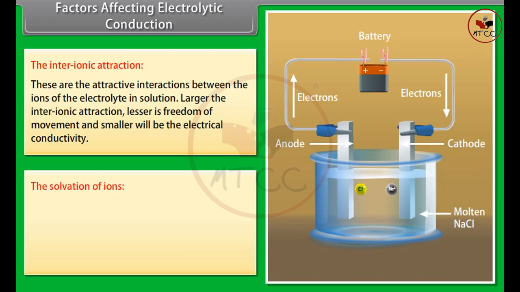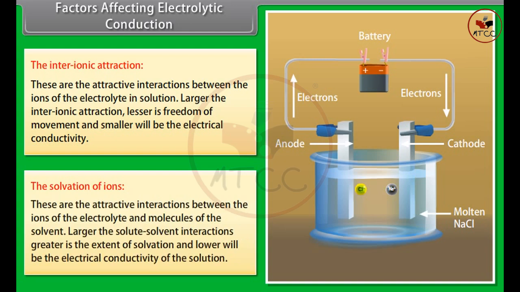The solvation of ions: these are the attractive interactions between the ions of the electrolyte and molecules of the solvent. The larger the solute-solvent interactions, the greater the extent of solvation and the lower the electrical conductivity of the solution.